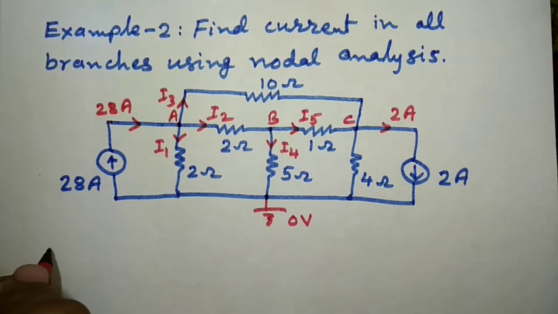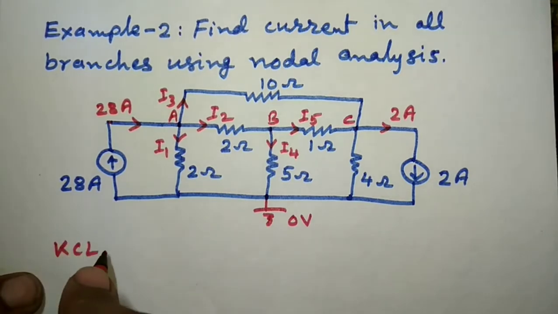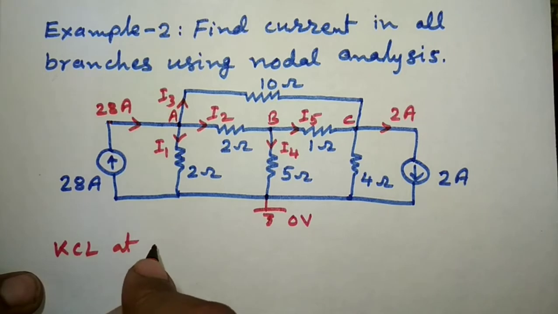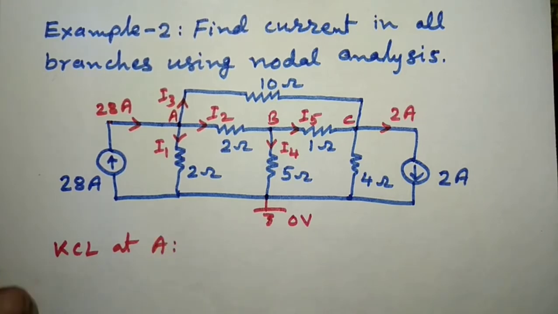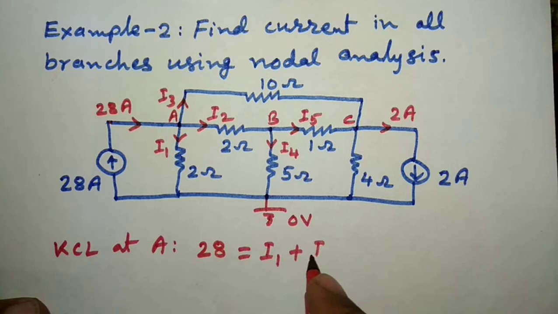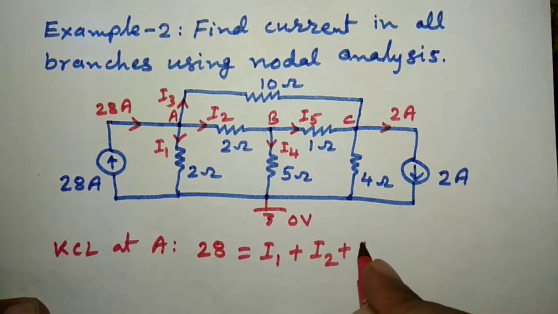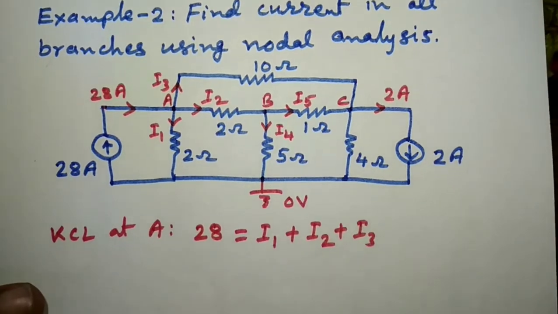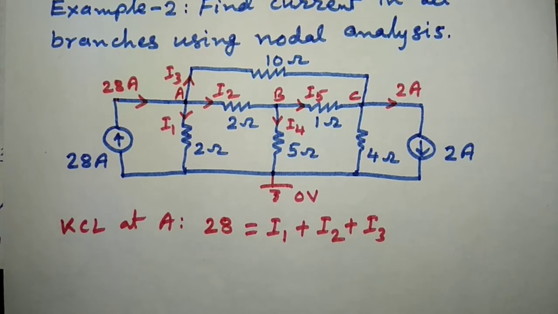So apply KCL at junction A. So it will be incoming current 28 and the outgoing current is I1 plus I2 plus I3. Replace the currents in terms of the potential difference and the resistance.